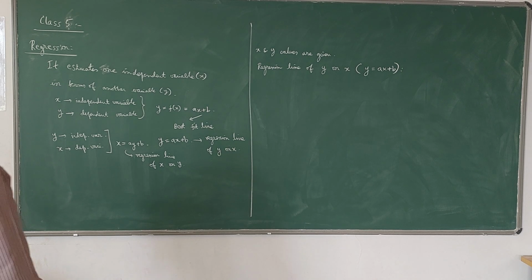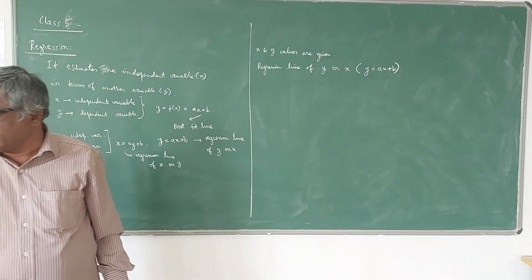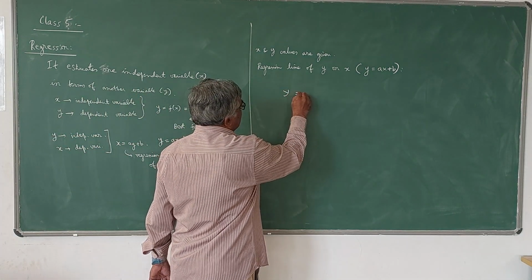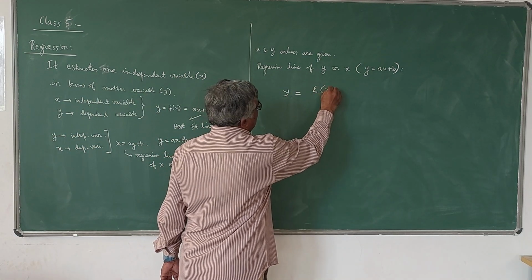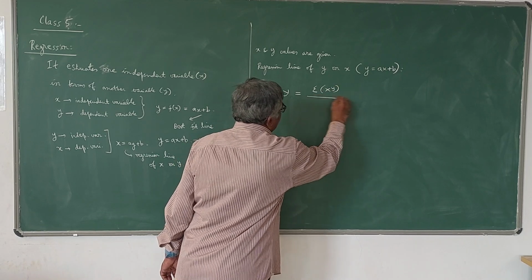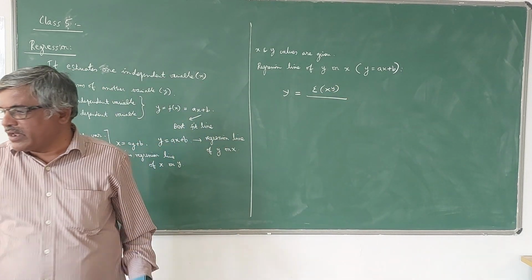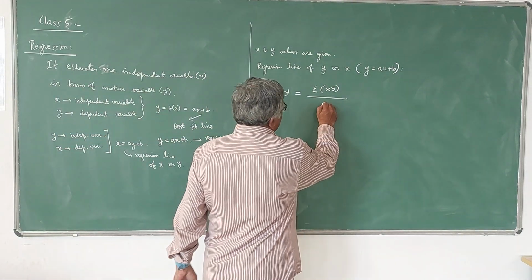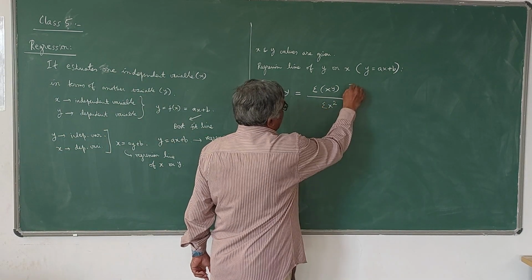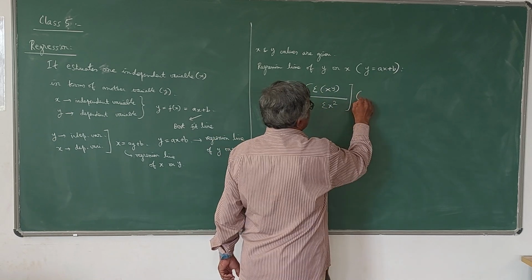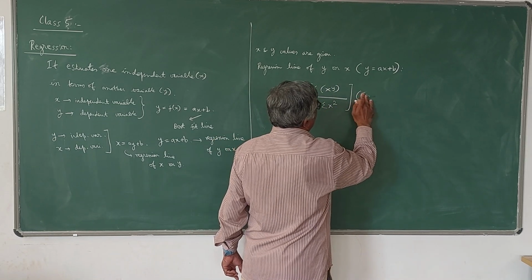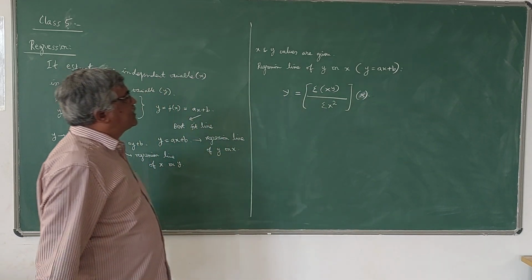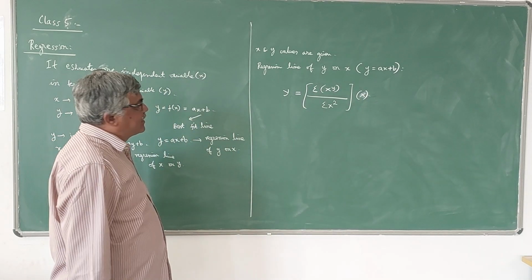The equation is capital Y is equal to sigma xy divided by sigma x square into capital X. See, this is the regression line of y on x.